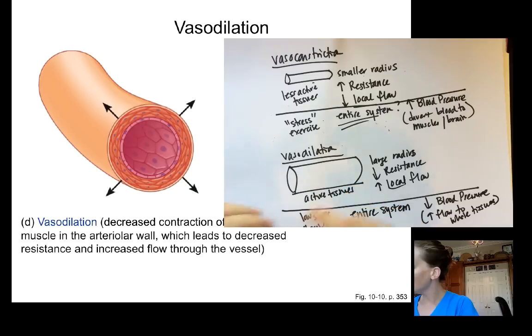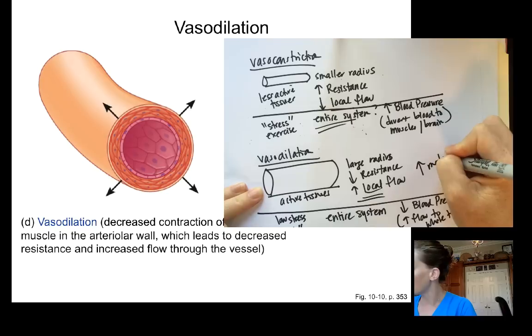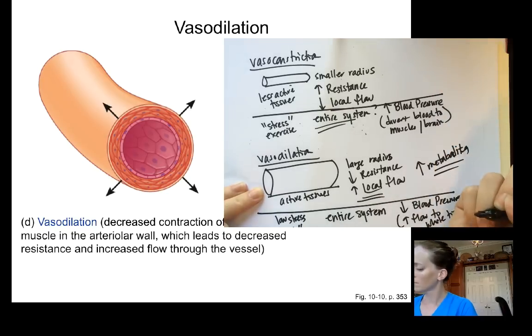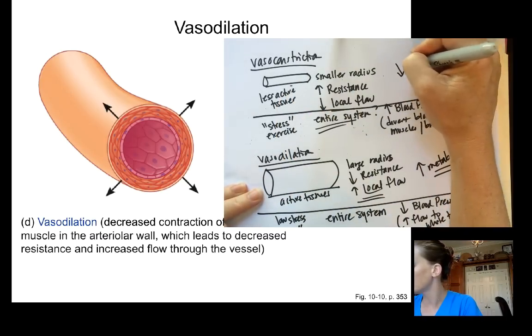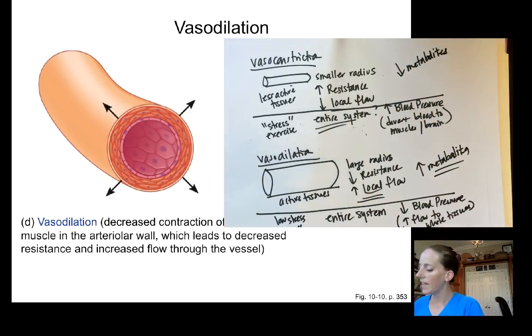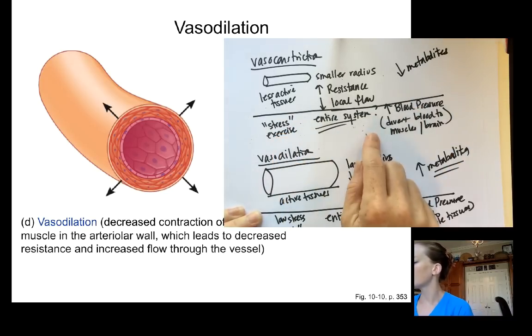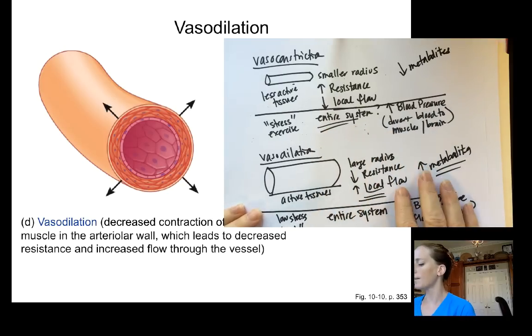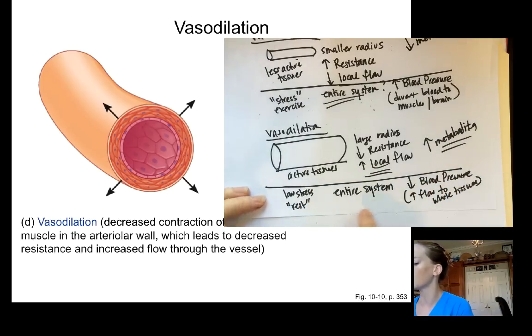So the more active tissues will have local flow due to the increase in local metabolites. The less active tissues will have vasoconstriction due to the decreased metabolites. But that's totally different than the vasoconstriction that happens during stress, which overall increases blood pressure in the entire system. There's also vasodilation that happens during a lack of stress or during rest and digest, which decreases blood pressure to the whole system.